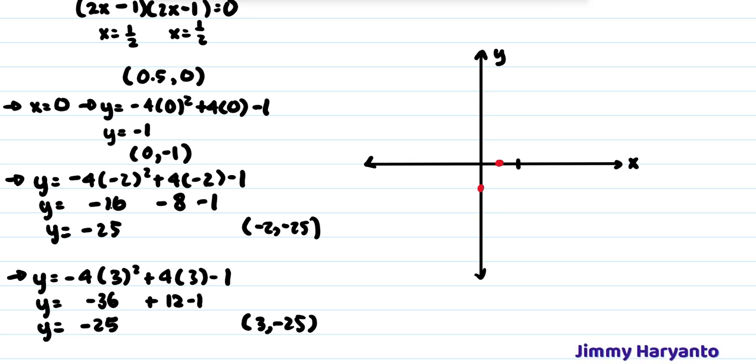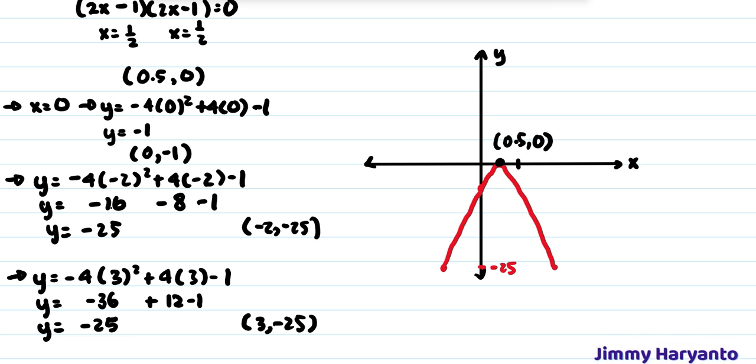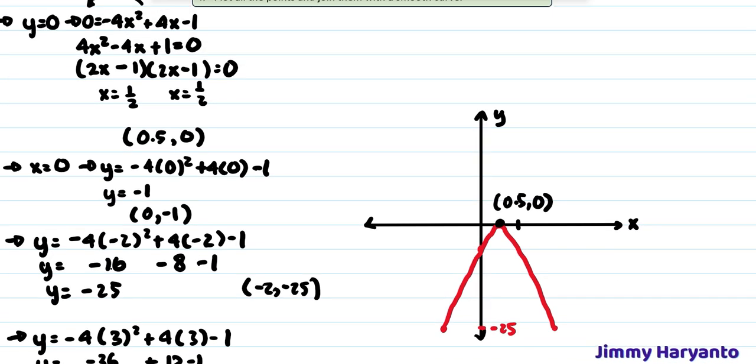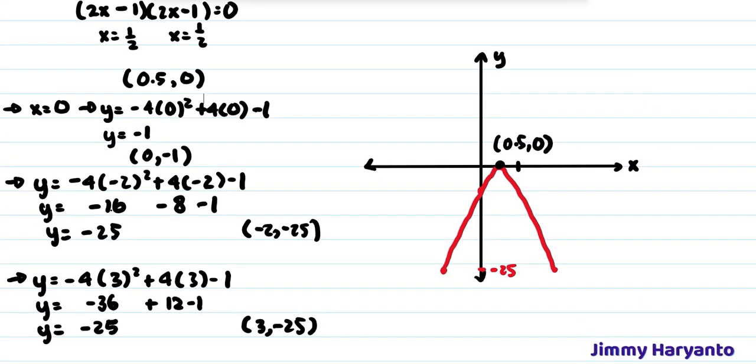I can just plot two more, like negative 25 right here, and then maybe like that. Okay, for this one I can assure you that the point of 0.5, 0 is the turning point or the maximum point, because in the x-intercept we only have one, so that will be the maximum point.